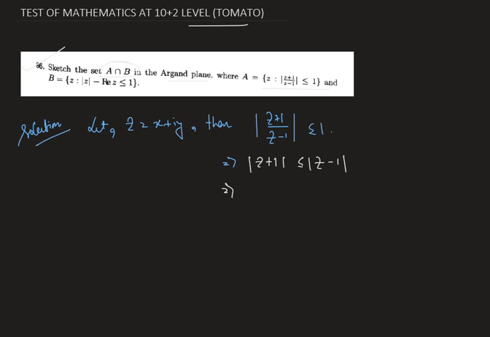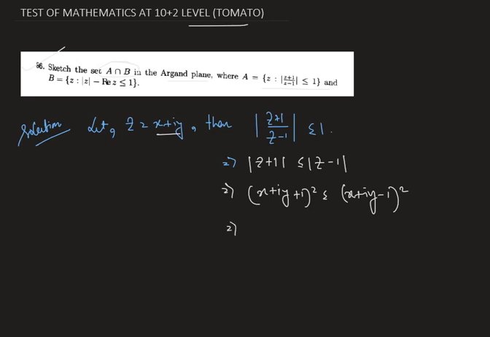And as we can see, z is equal to x plus iy. Therefore, we can write that modulus of (x plus iy plus 1) squared is less than or equal to modulus of (x plus iy minus 1) squared.